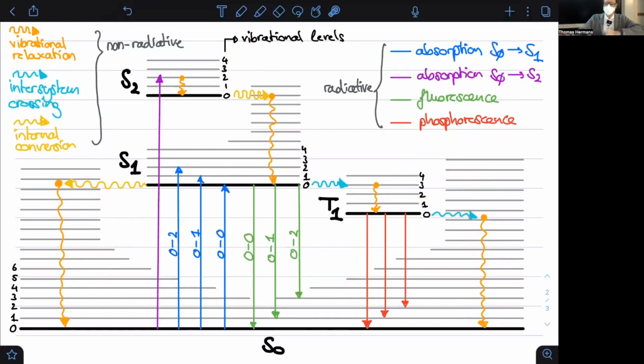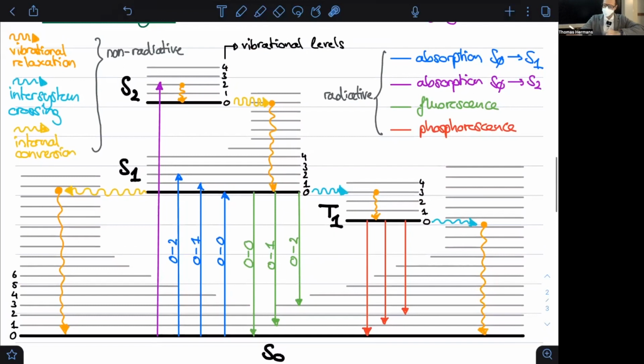So there are different types of processes that are going to be important. Okay, so first let's look at absorption to this second excited state. Then you will have this yellow thing here, which is called vibrational relaxation.